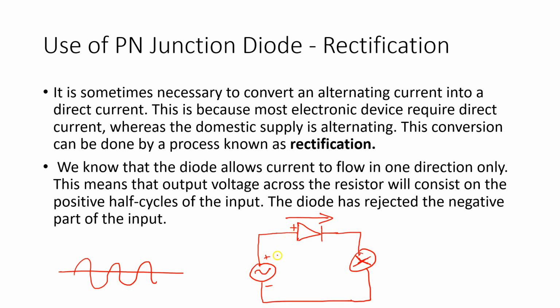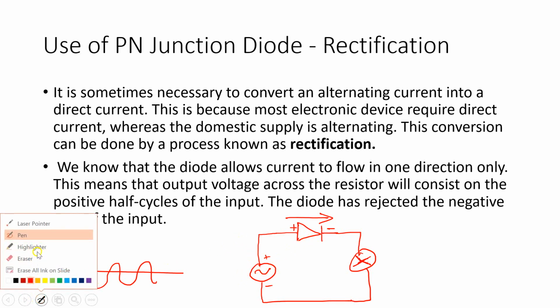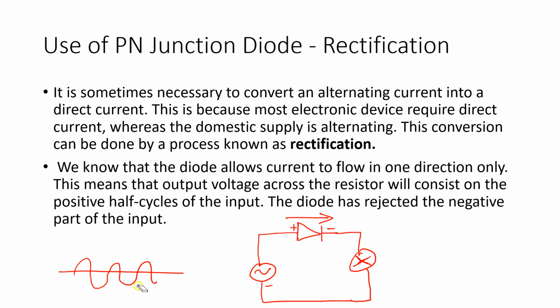It means that the positive end of the alternating source must be connected to the positive end of the diode, and the negative end must be connected to the negative end of the power supply for it to be in forward bias. Now, clearly, what happens in alternating current is that the terminals are going to switch. So what I'm going to do now is switch the terminals.